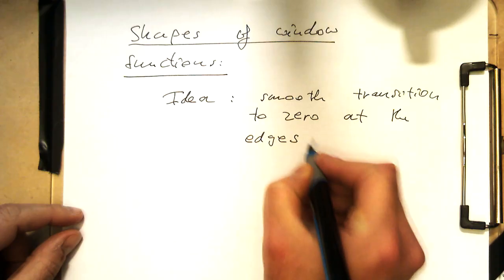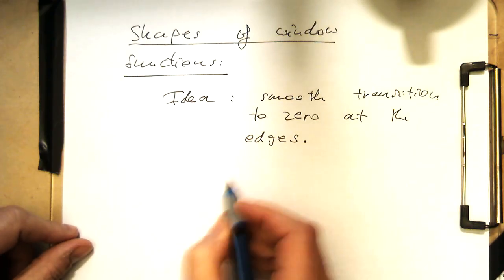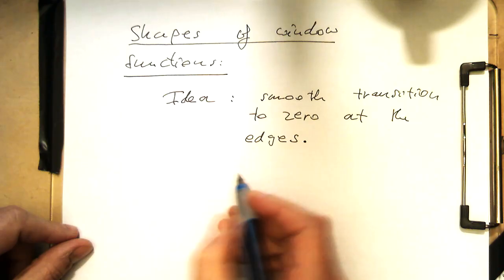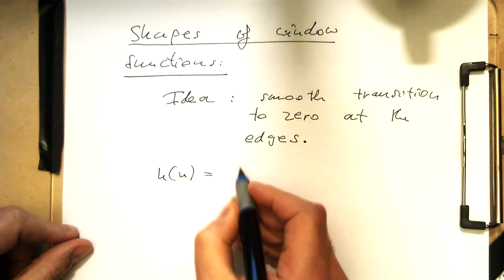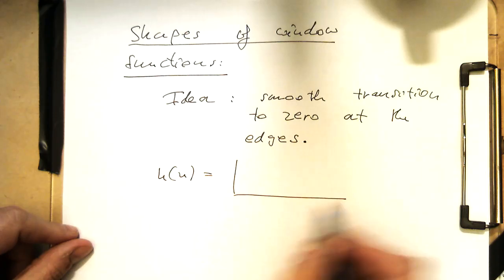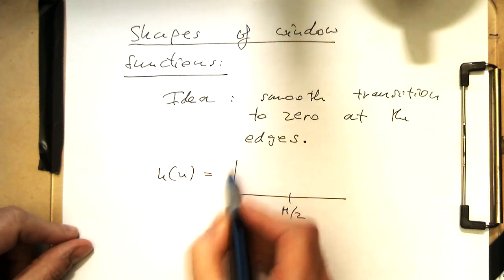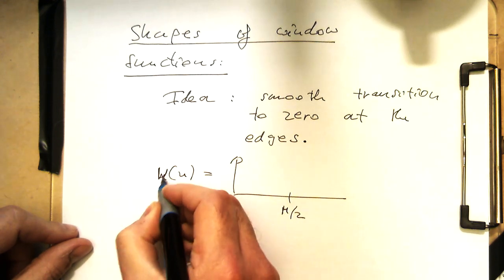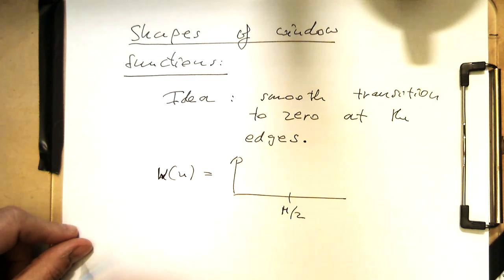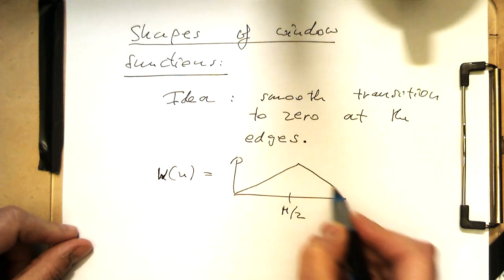So we had this already before when we talked about the Fourier transform, and so the idea is that the simplest window function is something like, if this is here the midpoint, so it's a number of samples this has, not h, w of n, that this looks like that, for example.